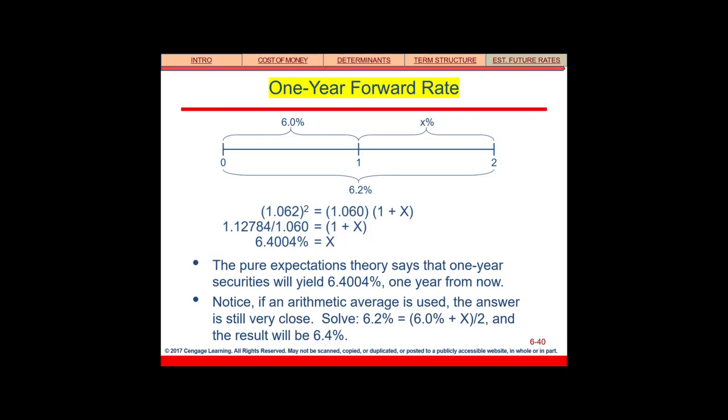Notice that if an arithmetic average is used, the answer is still very close. If we don't use compounding and just average, then 6.2% equals 6% plus X divided by 2 years, and the answer will again be 6.4%, which is very similar to 6.4004%.